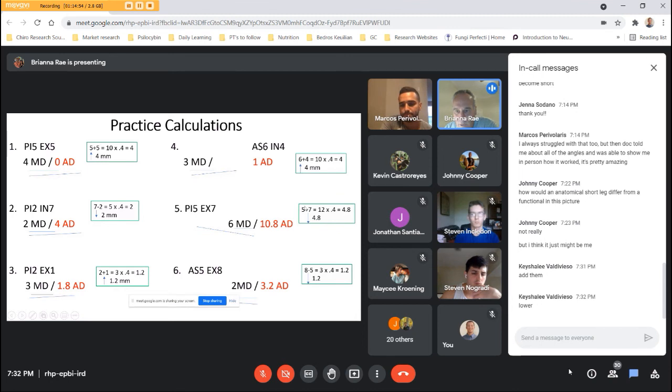Drop it. It would lower it, right? So we're going to lower a 6 MD another 4.8, which gives us a 10.8 AD. So in this case, by fixing the left ilium, we're going to make that short leg on the right even shorter, because then that means its actual deficiency is 10.8 millimeters on the right. Now, if that's truly the case, that might be enough of a deficiency that maybe you need to do something with a heel lift on the sacrum, because maybe the sacrum is dropped on that side as well.